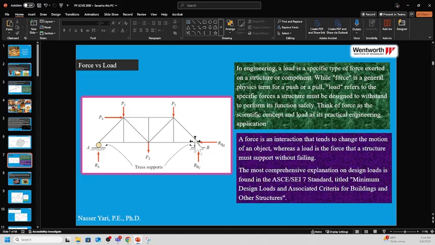And it's a force, basically. Force and load are the same thing in engineering. To find out what type of load, of course, I have done many videos on that. ASCE Chapter 2, the whole ASCE, talks about load and load combinations. You're talking about earthquake load, seismic load, wind load, dead load, live load, all that, which you will learn in the future. If you're really interested, you can go watch some of my videos.